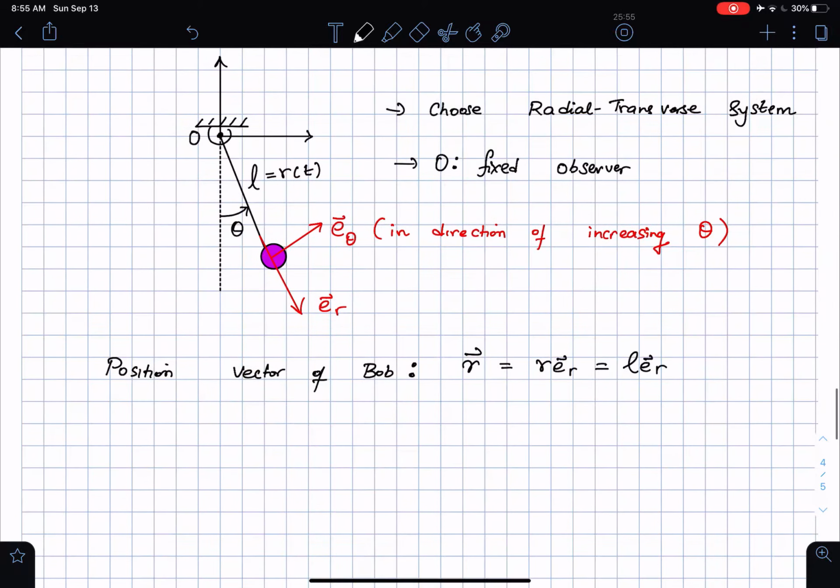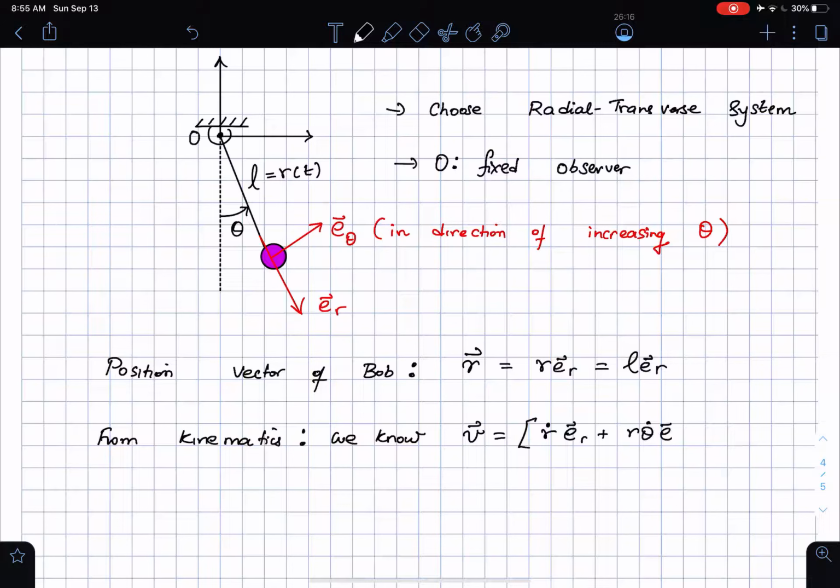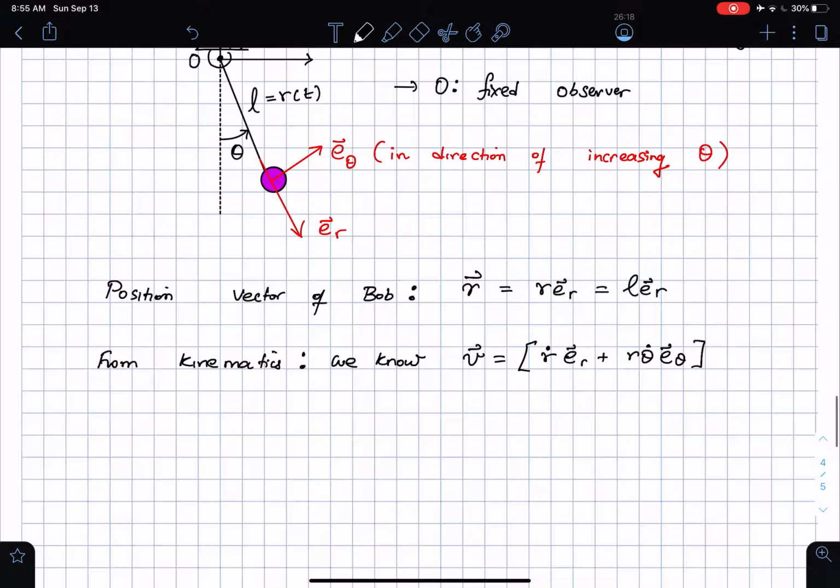Okay, and so from kinematics, we know that the velocity vector in the radial transverse coordinate frame is going to be r dot e_r plus r theta dot e_theta.